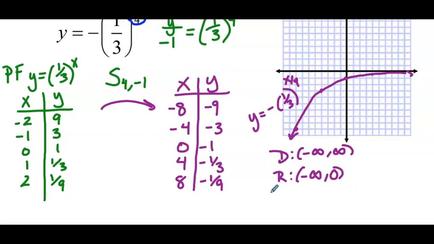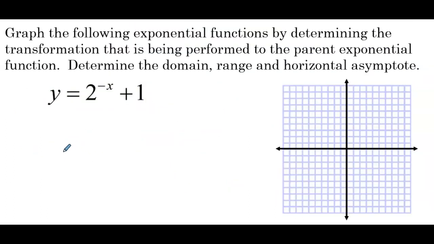And our horizontal asymptote, well, the values are still getting closer and closer to 0, just from the negative side now. So the horizontal asymptote is still y equals 0. Okay, so here we saw another scaling, but this time it incorporated a reflection as well. Next, y equals 2 to the -x plus 1.